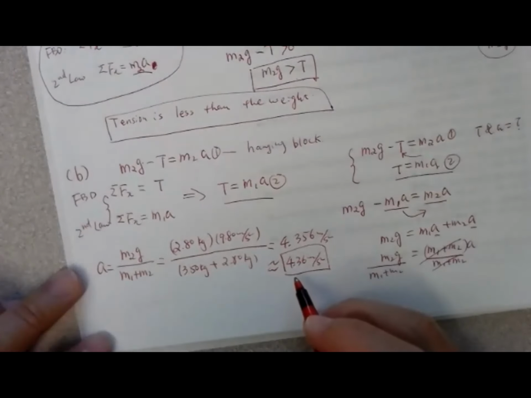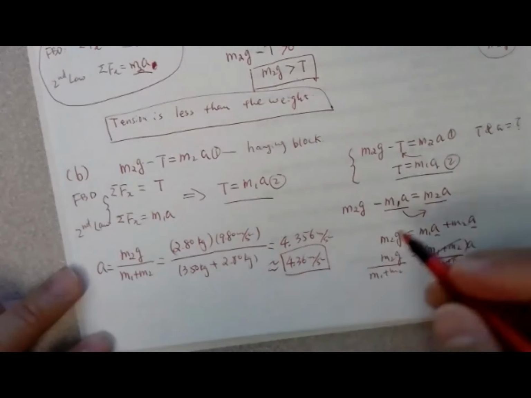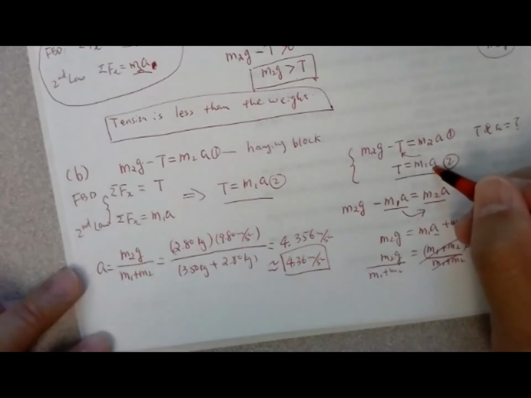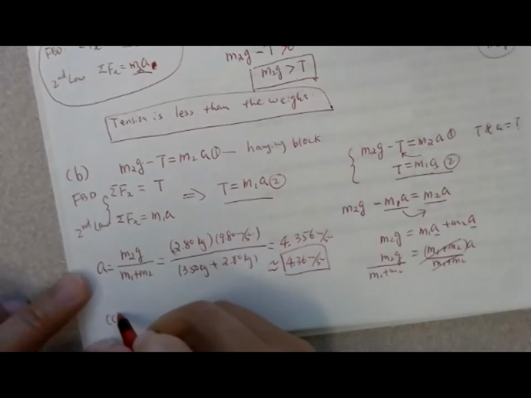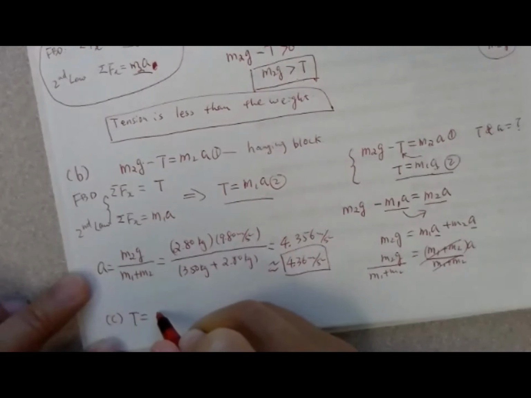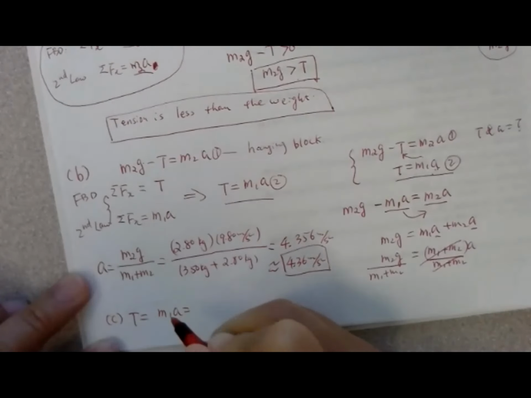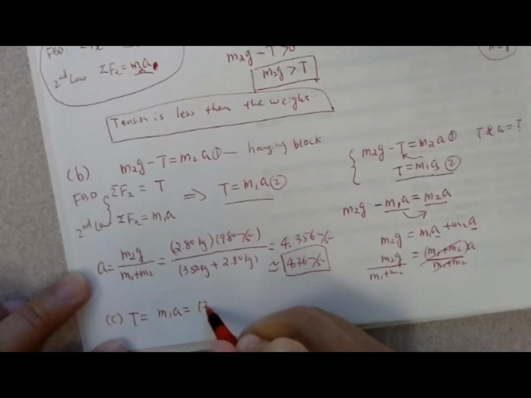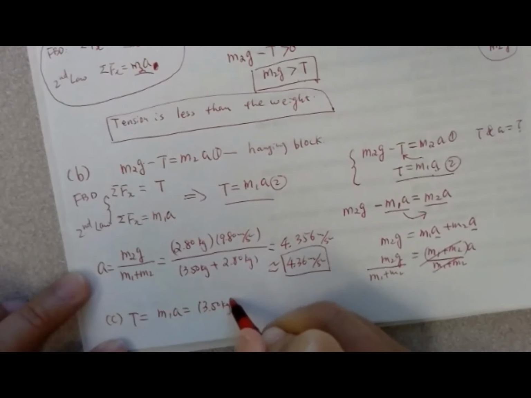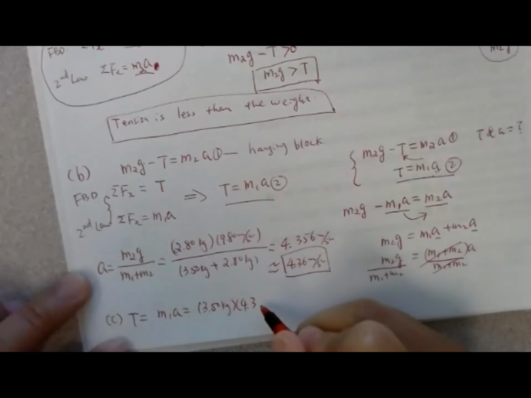Now once you have found your acceleration, take the acceleration into the second equation here. You can calculate your tension, okay? So your tension for C is equal to m1 times acceleration, so 3.5 times 4.356 meters per second squared.